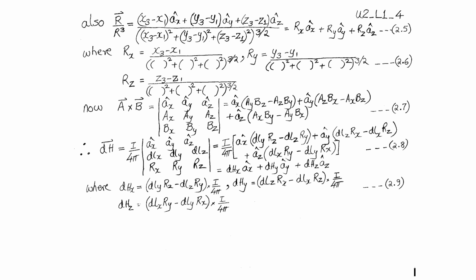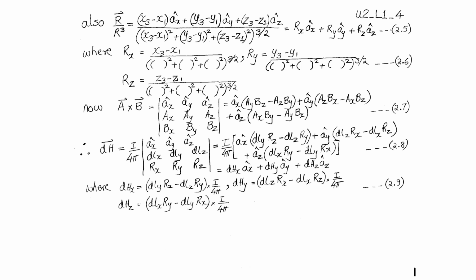And when we expand it, it is given by equation 2.7 as ax vector into (AyBz minus AzBy) plus ay vector into (AzBx minus AxBz) plus az into (AxBy minus AyBx).